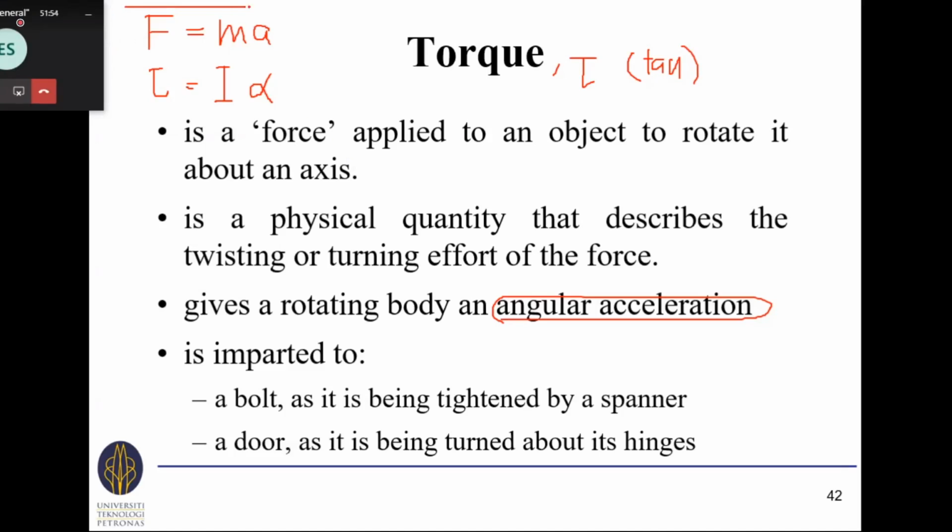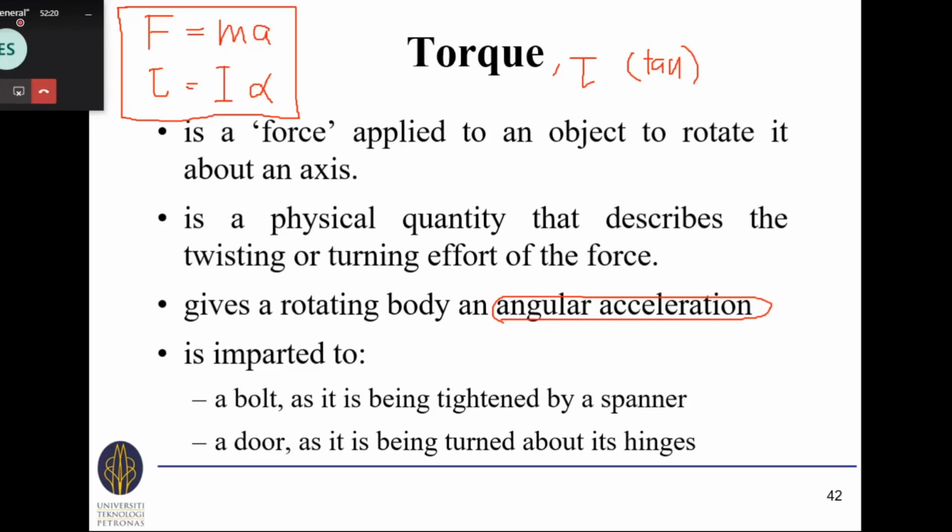So this is basically the similar version of Newton's second law for linear and rotational motion. Force in linear motion is equivalent to torque in rotation. Mass is equivalent to the moment of inertia. We'll discuss this a bit later. And acceleration is equivalent to angular acceleration.